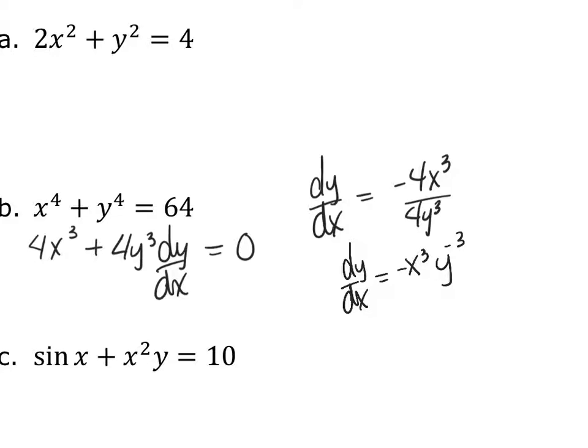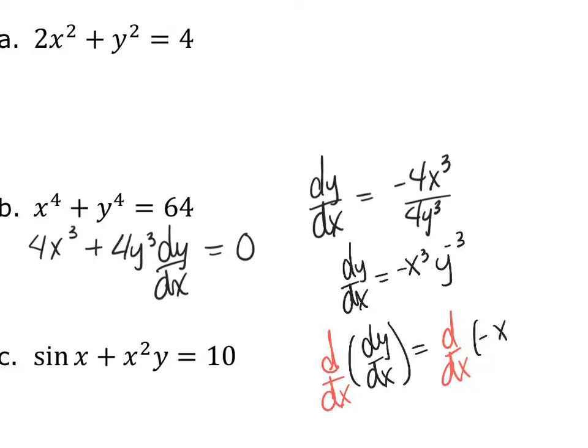Okay, how are we doing? Okay, now I have to do the second derivative. So this is what I'm doing now, I'm doing d dx of dy dx, and I'm doing the derivative with respect to x of the negative x to the third y to the negative 3.